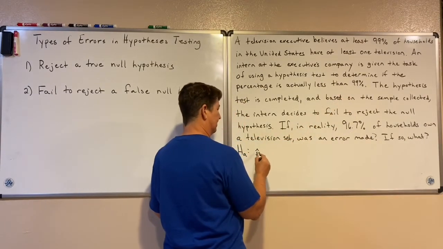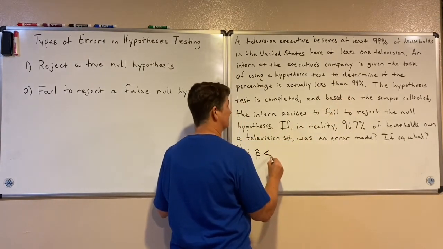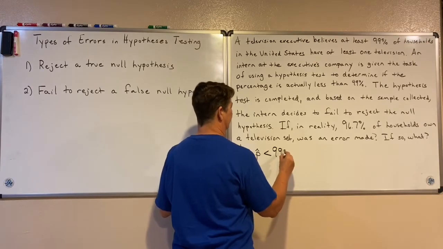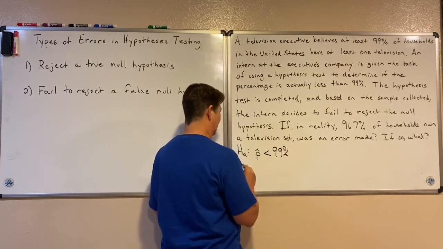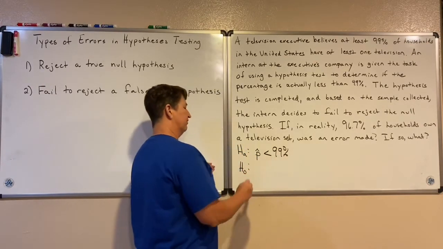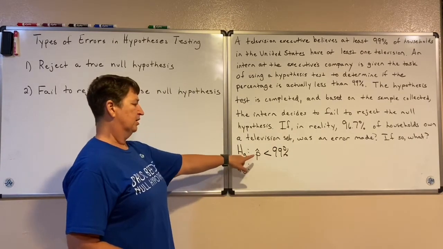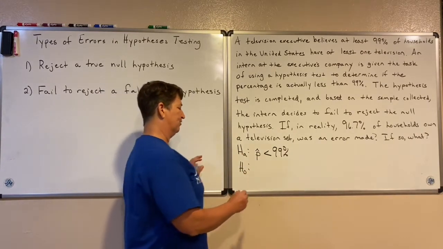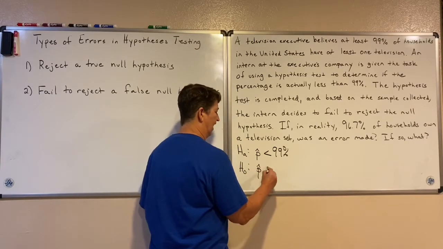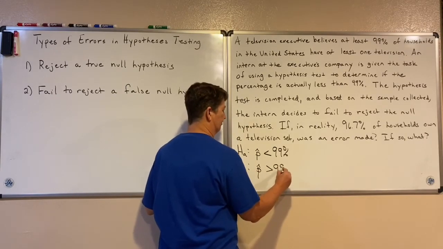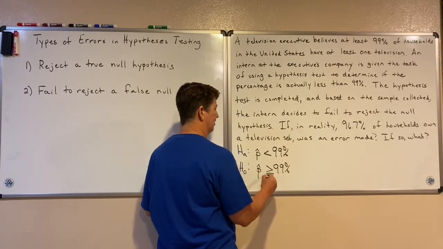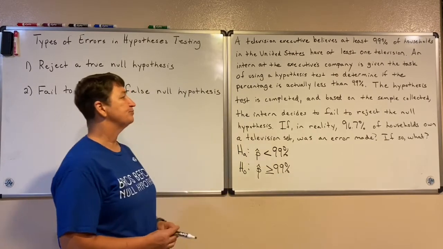So they say that their proportion is less than 99%. Well, then mathematically, if my alternative is less than 99%, then the opposite of that would be greater than 99%, and the null always includes your equal sign.